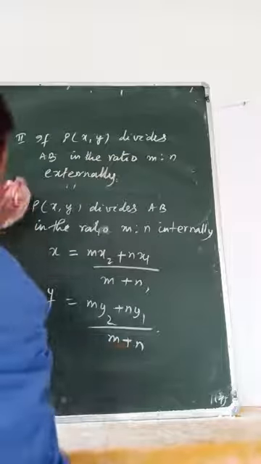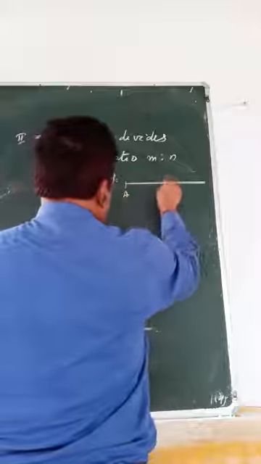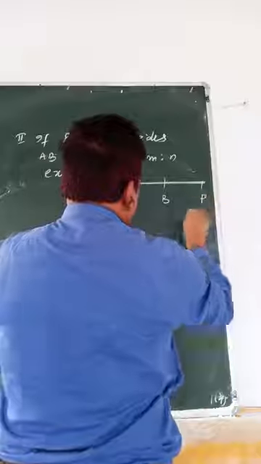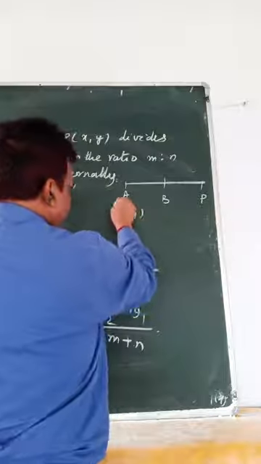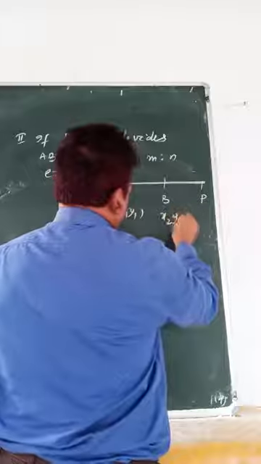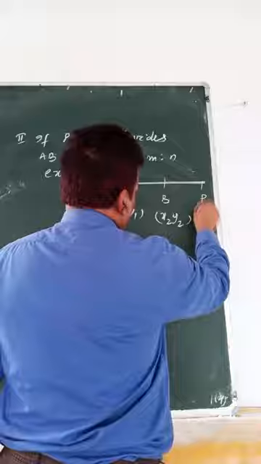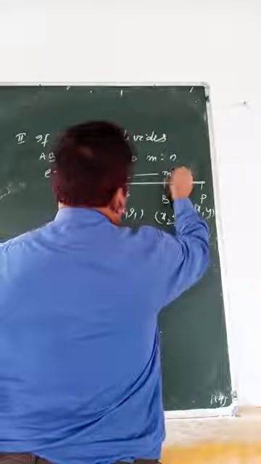Externally means A is here, B is here, P is here. P is outside. This is x1, y1. This is x2, y2. This is x, y. This distance is m.